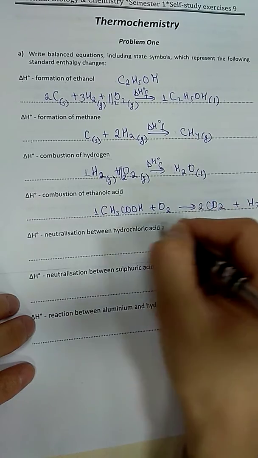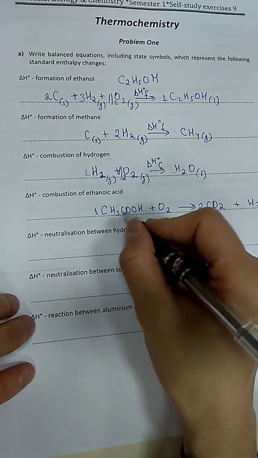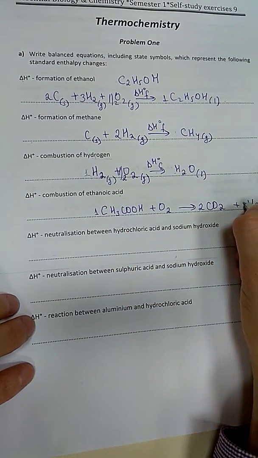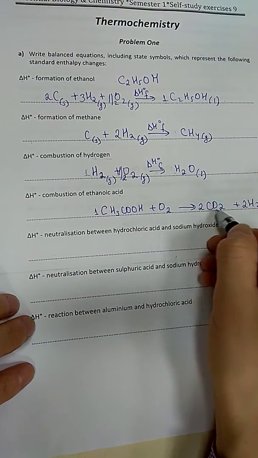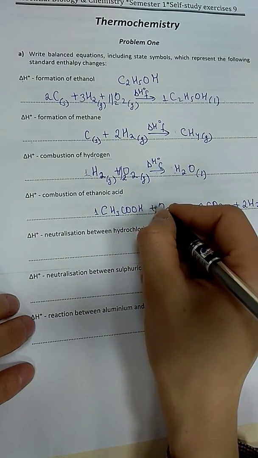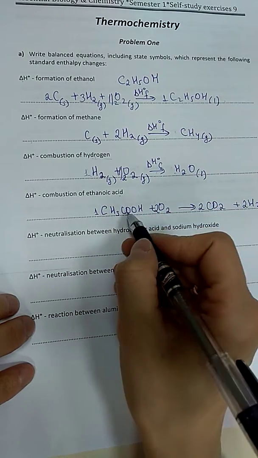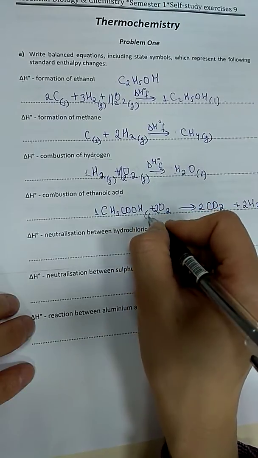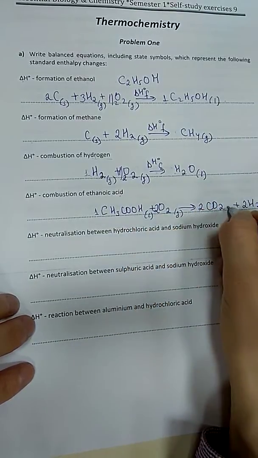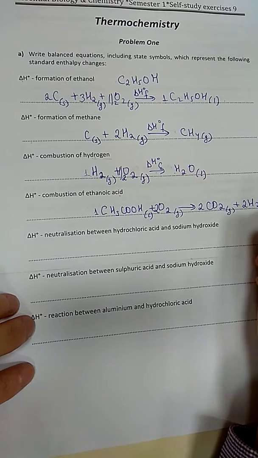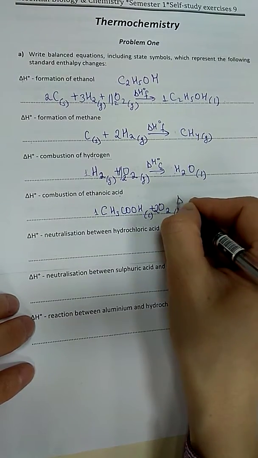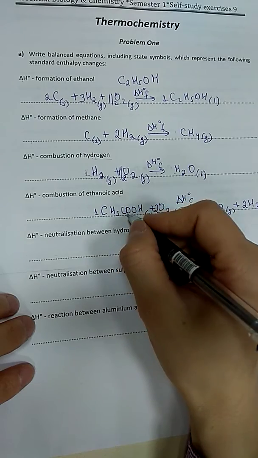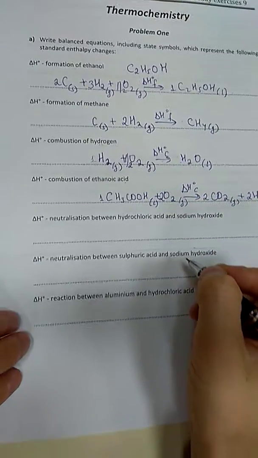So we have 2 carbons here and how many hydrogens? 4 hydrogens, so 2 water here. So 6 oxygen, and 2 oxygens here. So 2 plus 4, correct. Okay, so ethanoic acid is liquid, gas, and liquid, water.